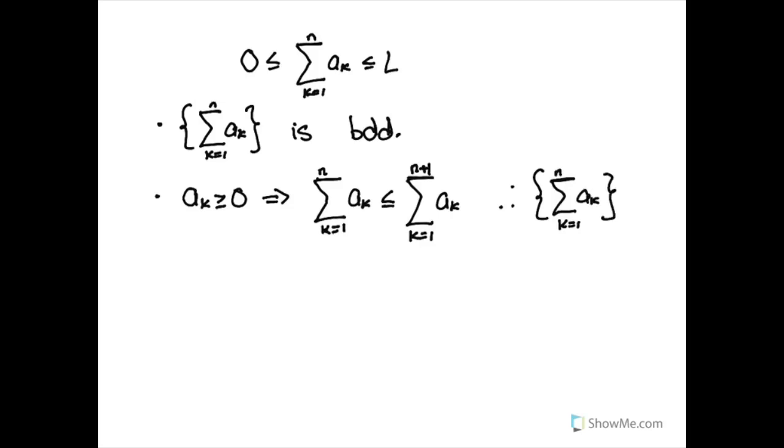Okay. So because the sequence is bounded and increasing, we can use the bounded monotonic convergence theorem, BMCT. So by the BMCT, the limit as n goes to infinity of the partial sum exists and it converges.